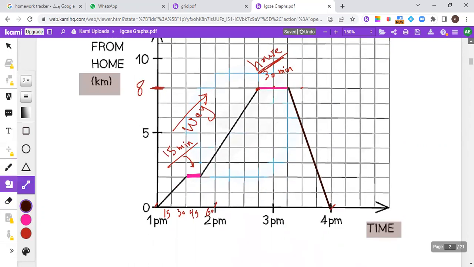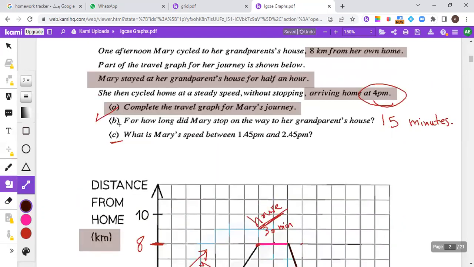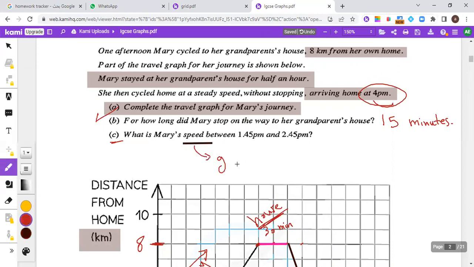And here, what is Mary's speed? Speed is the gradient, which is distance over time.